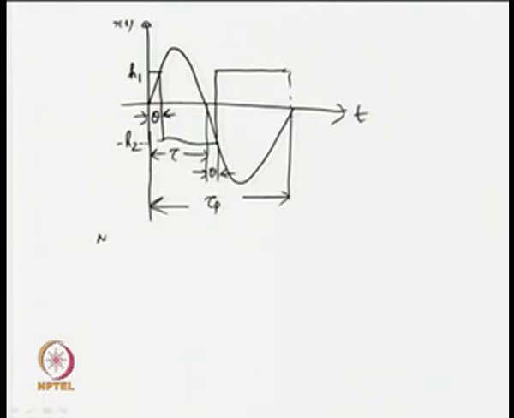So, the output y(t) for different segments can be found using the expression y(t) = C x(t).